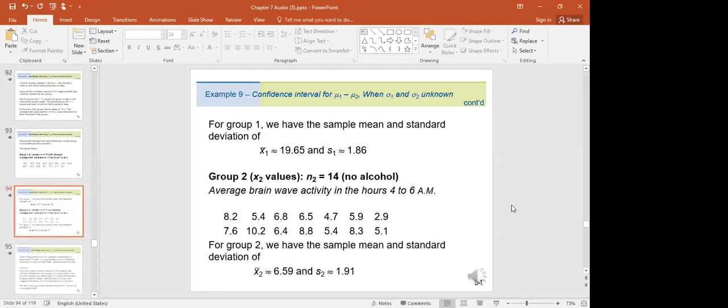Okay, now let's go to the second group. So if we were to use statistics, we have the mean and the standard deviation for the first group. Because we are going to use the calculator for the computation, we don't really need to use it because we will use data.